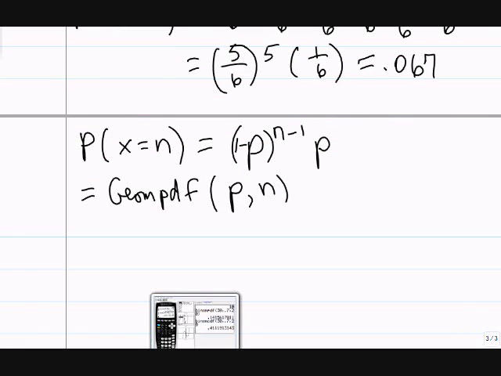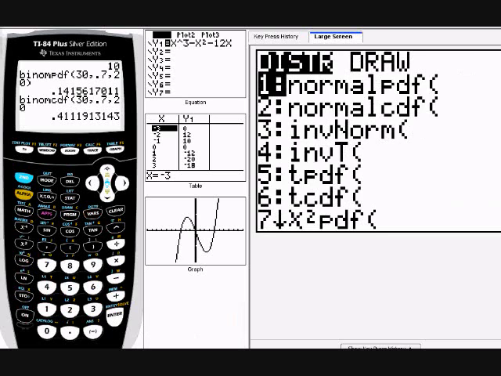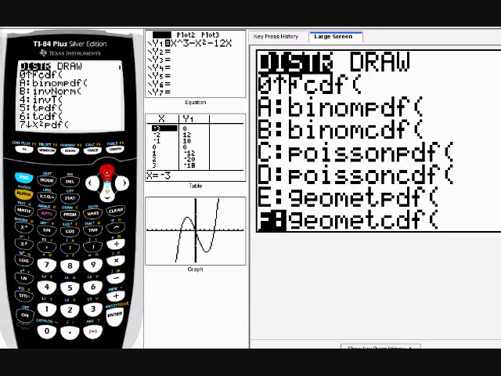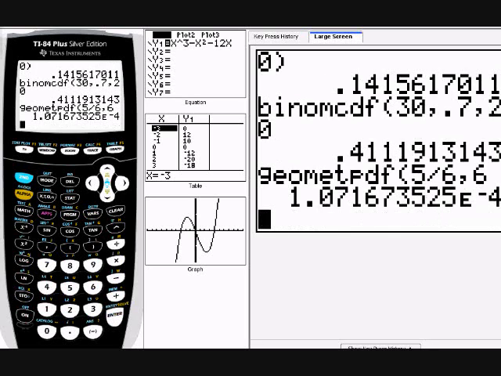So I can go to the distributions and look for the geometric. Oops, went one too far. My probability of success is 1/6, so my probability of failure is 5/6. You can put a fraction in as an argument. And I want to have my first success on the 6th toss, so I put in 6.